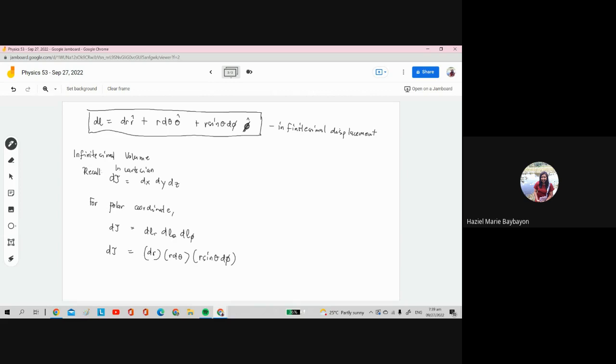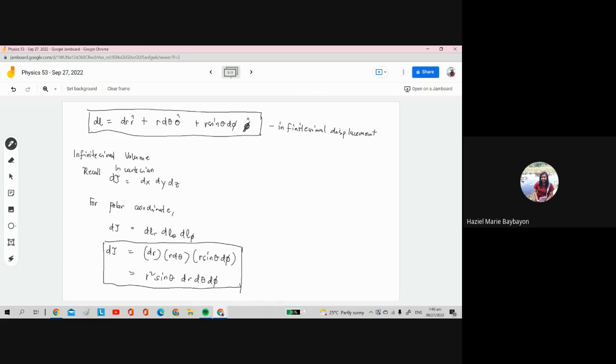Or in other words, this is r squared, so you have two r's here, multiply lang na ni, no? And then you have r squared sine theta dr d theta d phi. Okay, so automatic. For spherical polar coordinates, you can use this infinitesimal volume.